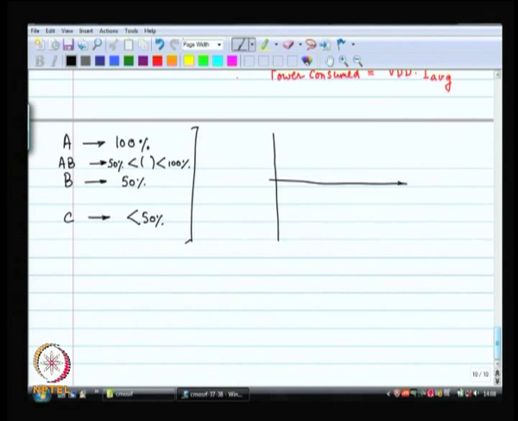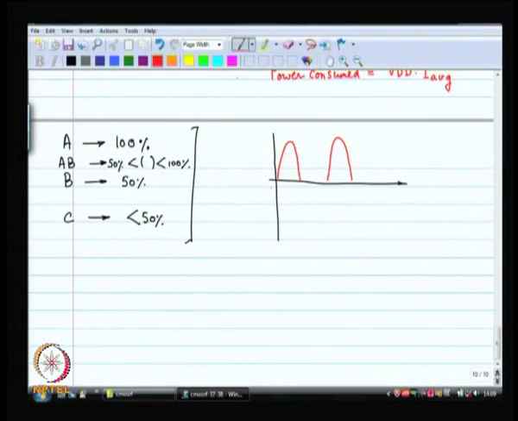So, for example, let us take the example of a class B. So, this is if the current was a perfect sinusoid, but we are saying that we are going to arrange the bias voltage such that the transistor does not conduct any current for half the time.